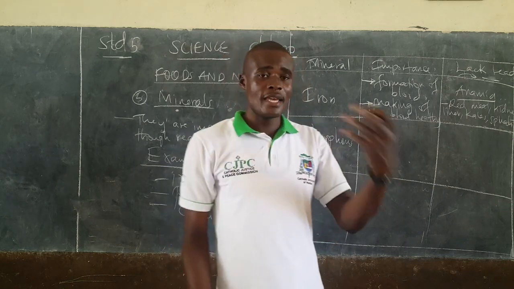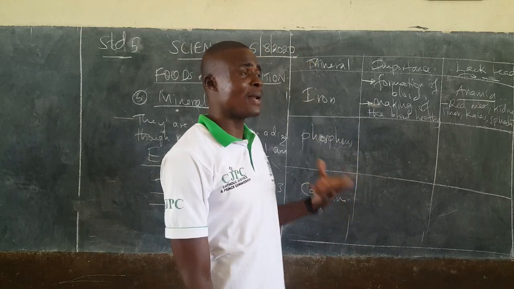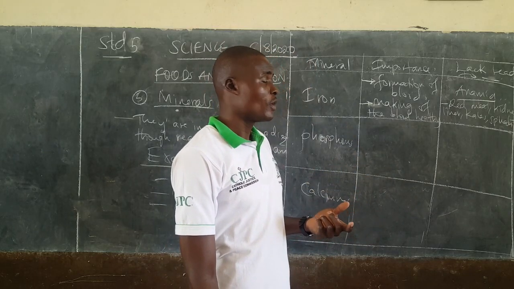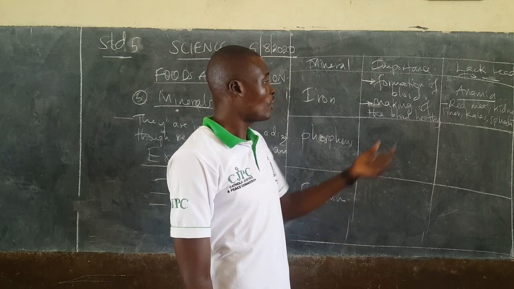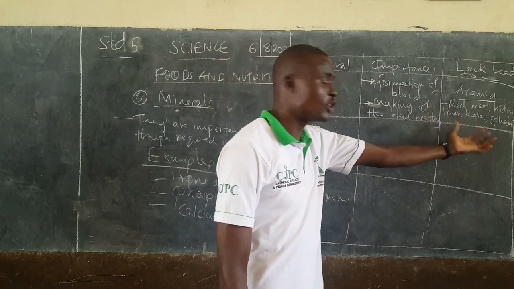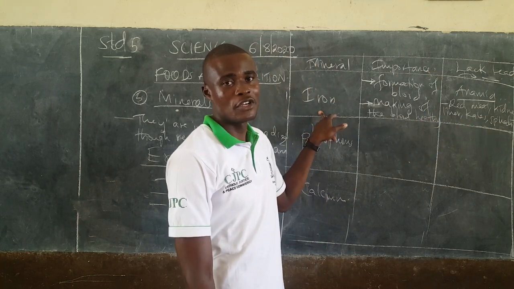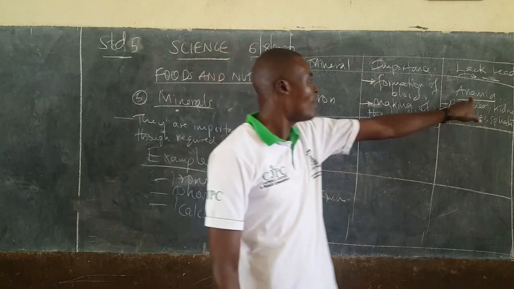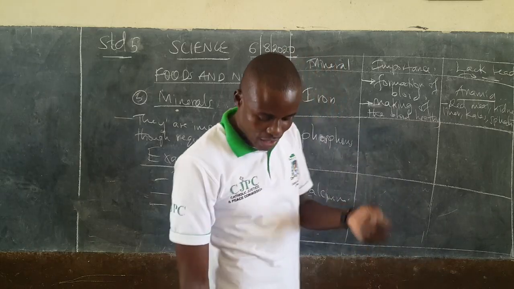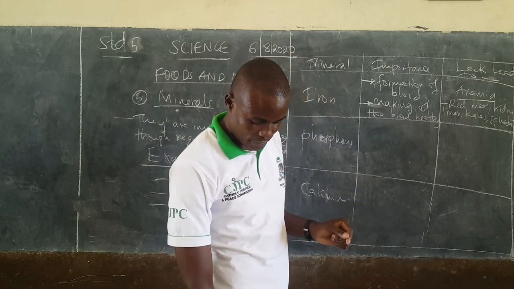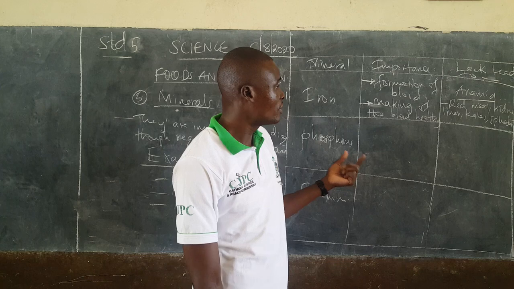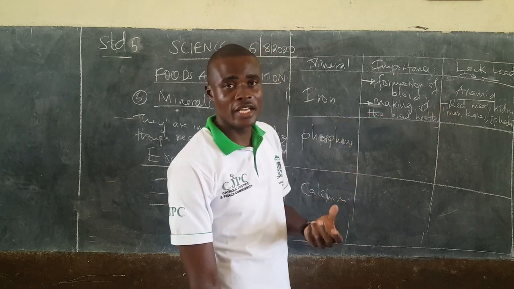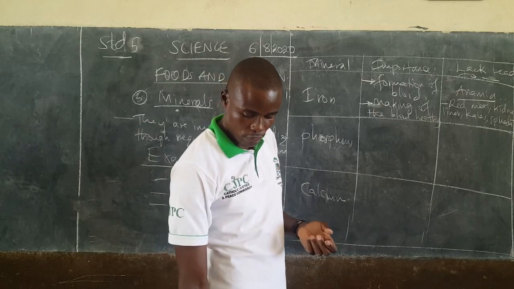Because they have a lot of blood loss during their menstrual flow, they need to get a lot of this food to add a lot of iron, so that their body does not lack blood. They don't suffer from anemia. That question normally comes in examination. They eat a lot of this to prevent anemia, especially after their menstrual flow.